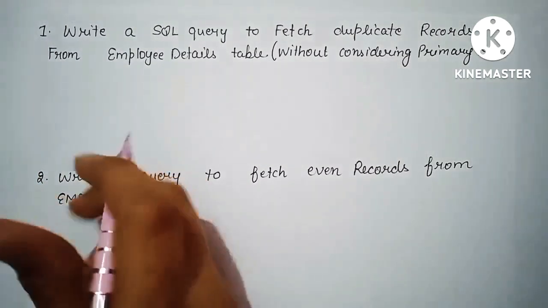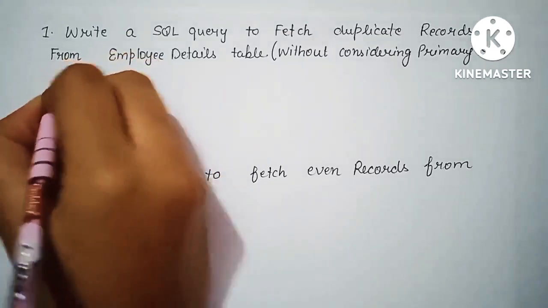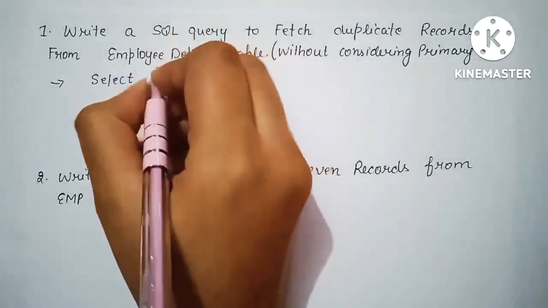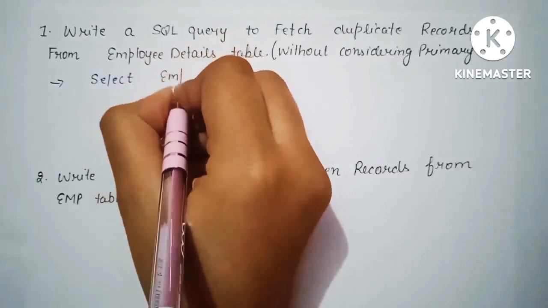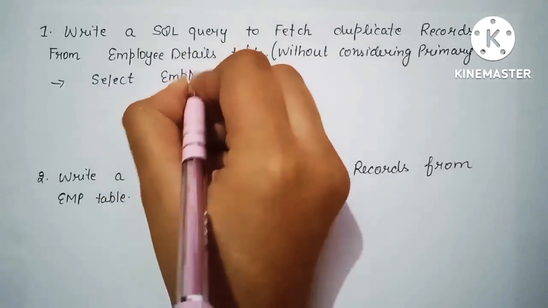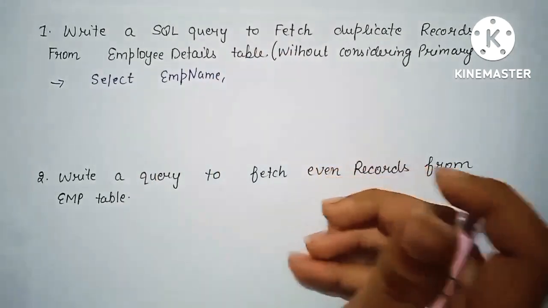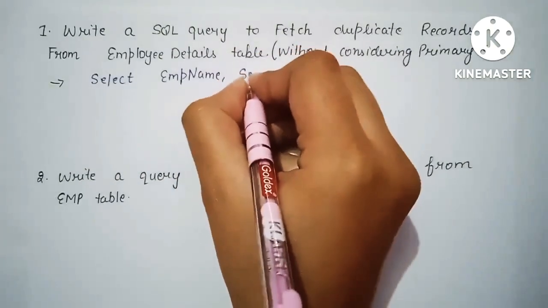In order to do this we are going to make use of the group by clause. So we will write this query like this. Select emp name. Let's say the employee details table has 3 columns: employee ID, employee name, and employee salary.